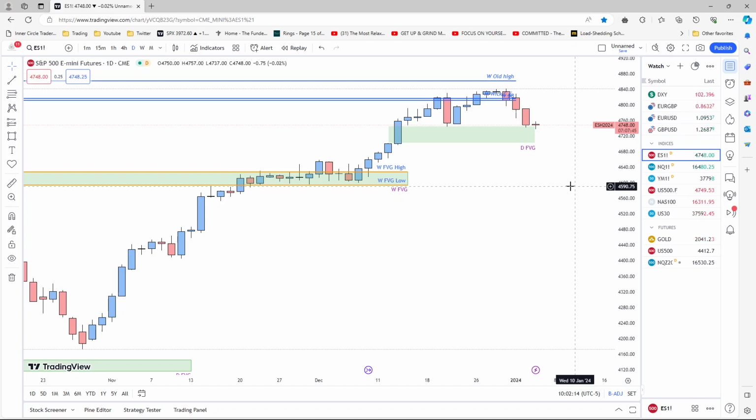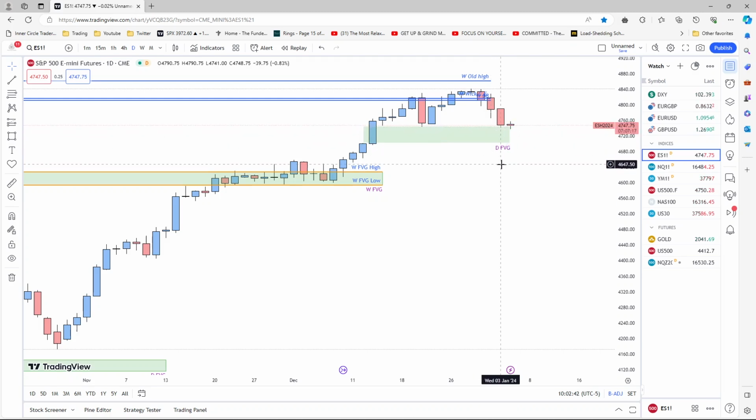That's it. It can only do one of those three things. So price traded external range liquidity, but now we're trading back to this fair value gap again, where we could react. We have to wait and see how price reacts before we can really make a decision in this.